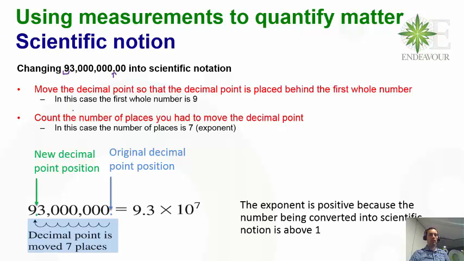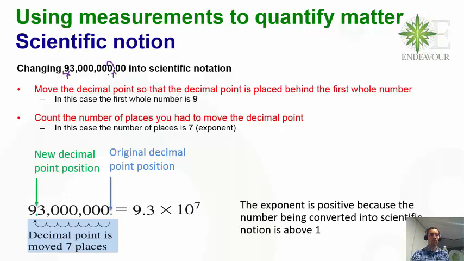As you're moving that decimal point, you need to count the number of place changes the decimal point has. So for example, you can't just go from this position all the way up to here in one go. So count the number of zeros in between. Essentially, you're going from here to here first. That would be one change.